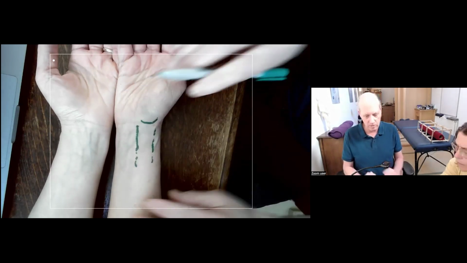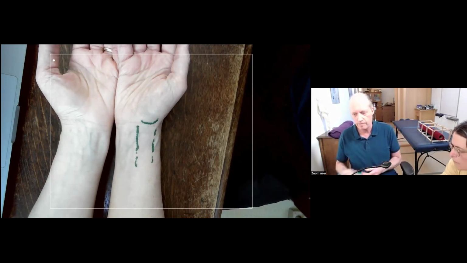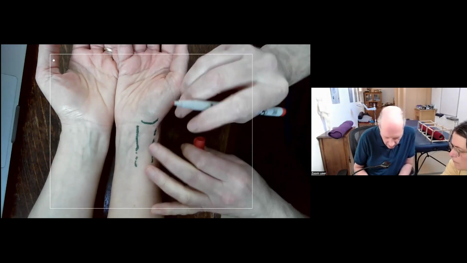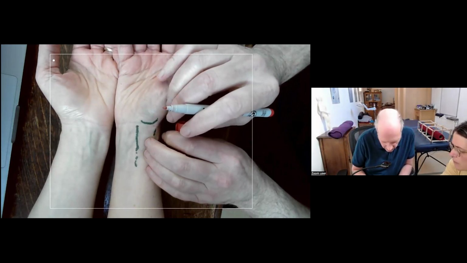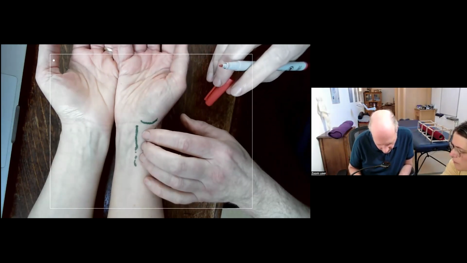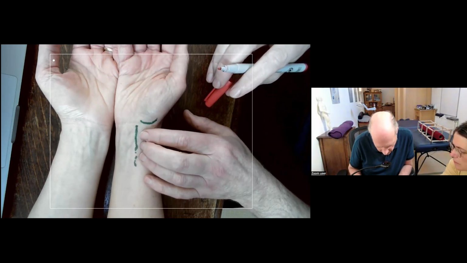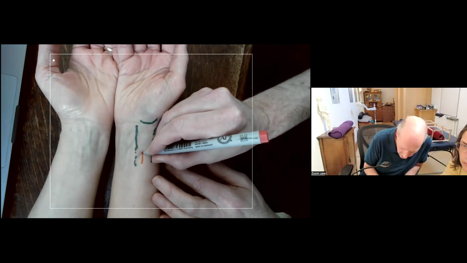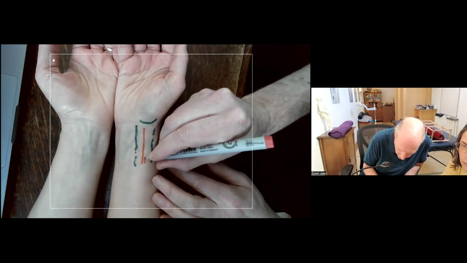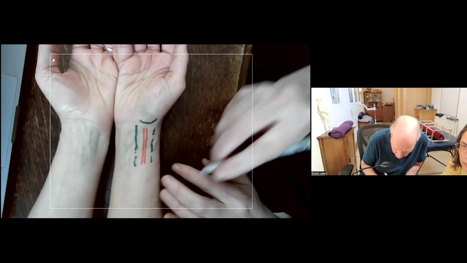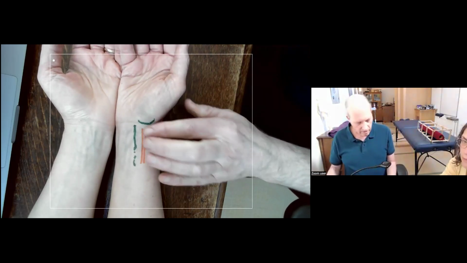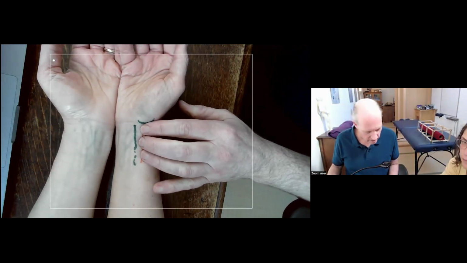So that's the space where it could be sitting. In here I can actually see it pulsing sometimes, in that space where your finger is. I'm just very carefully going to feel how big it is. Okay, there it is. All right, so that is the radial artery, our three fingers.